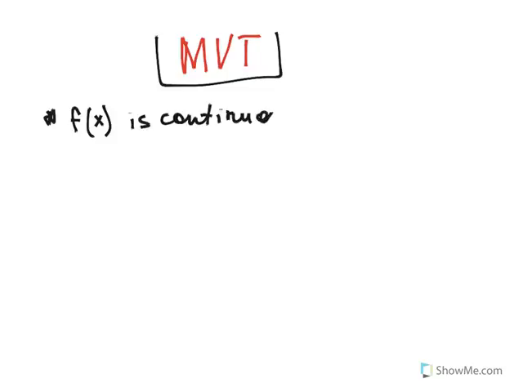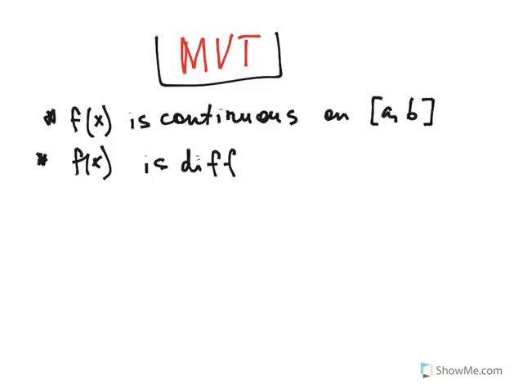Continuous on this interval, including a and b. Your function f of x must be differentiable on, obviously we're not including a and b. Then we say there is some value of c on this interval.